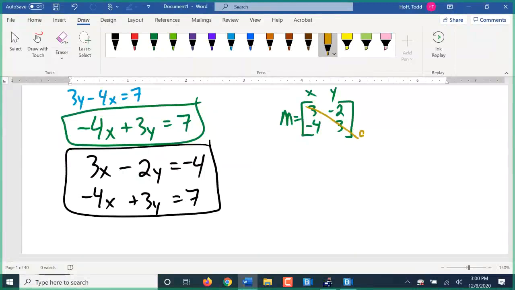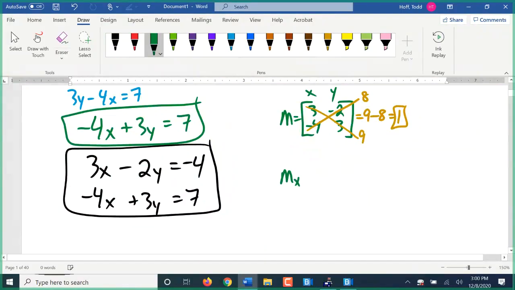determinant. 3 times 3 is 9. Negative 4 times negative 2 is 8, positive 8. 9 minus 8 is 1. So 1 is the determinant of our base matrix. Our x matrix. We replace the x column with the constants. Still have the y column.